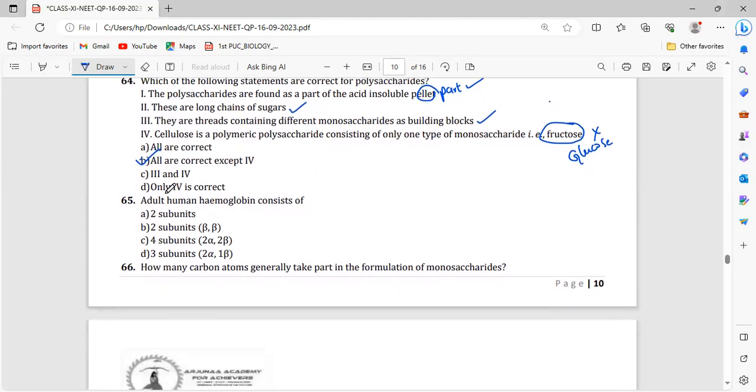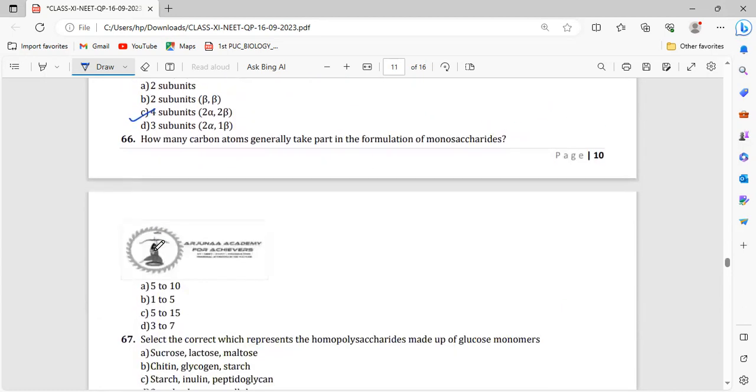Adult human hemoglobin has 4 subunits, out of which 2 are alpha and 2 are beta. 66. How many carbon atoms generally take part in the formation of monosaccharides? For a monosaccharide, the minimum is 3.